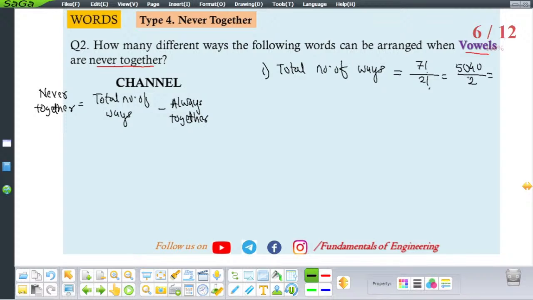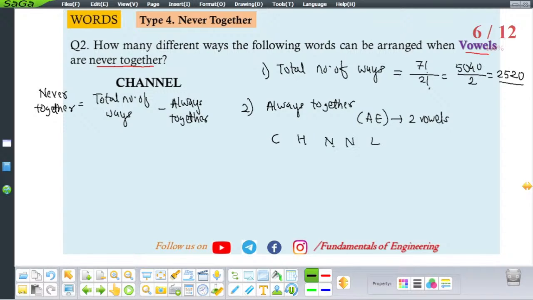Next, always together means vowels will be always together. How many vowels are there? A and E, only 2 vowels. That should be always together, and that will be taking place in between the consonants. So consonants are C, H, N, N and L. So 1, 2, 3, 4, 5, 6 places.